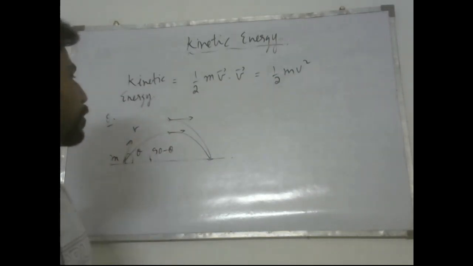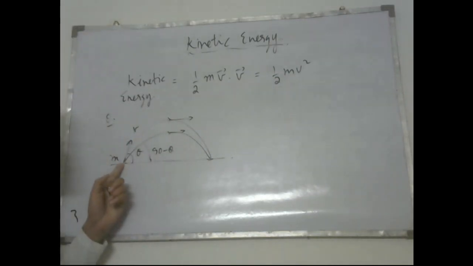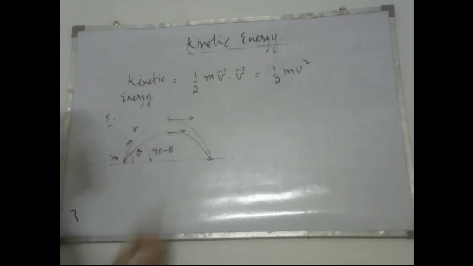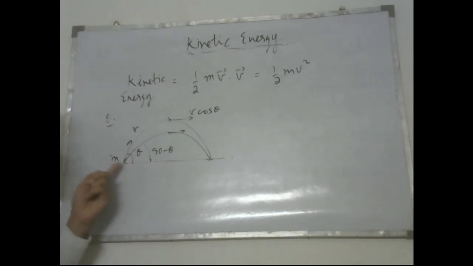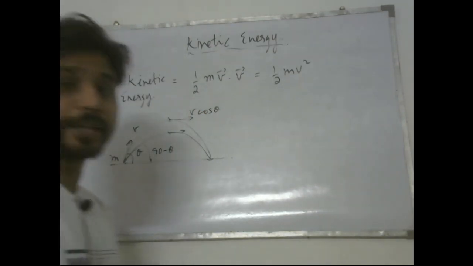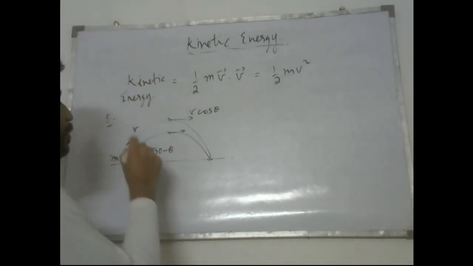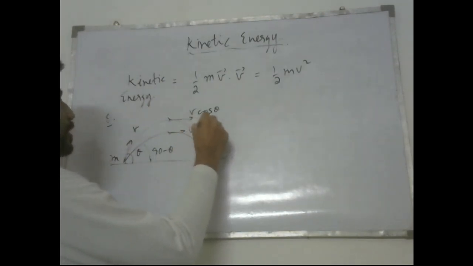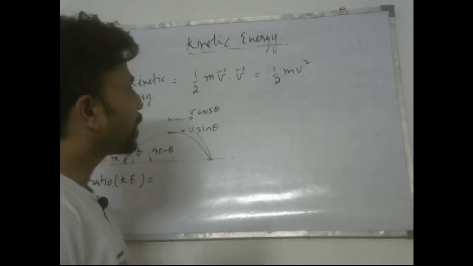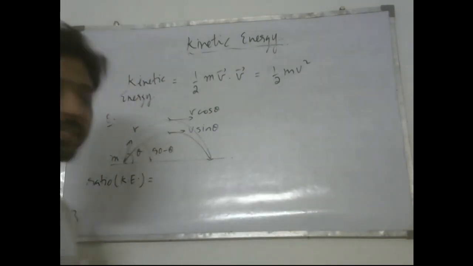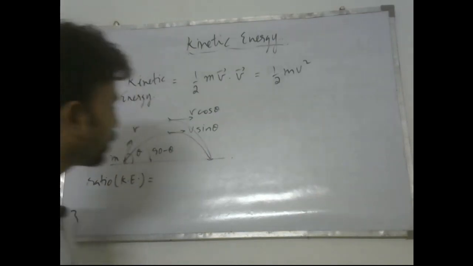At the highest point of the motion, the velocity of the particle projected at angle theta would be v cos theta, and for the particle projected at angle 90 minus theta it would be v cos of 90 minus theta, so that would be v sin theta. So the ratio of KE would simply be half mv square divided by half mv square, a simple demonstration of the formula which we know.